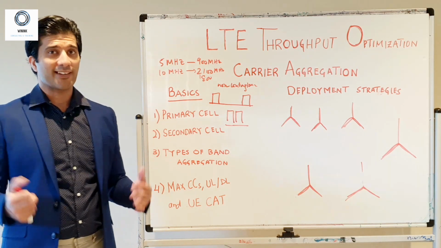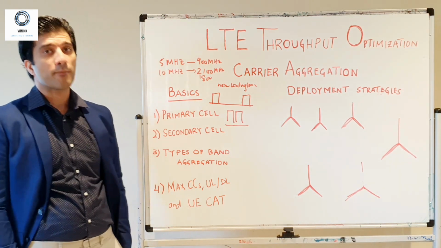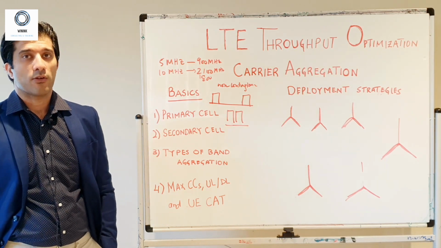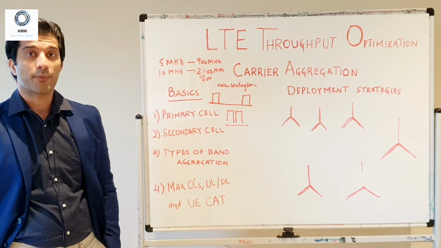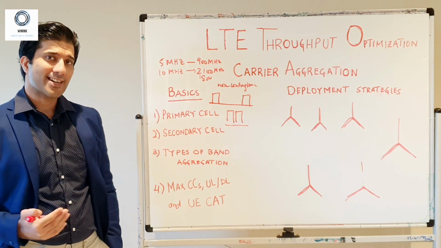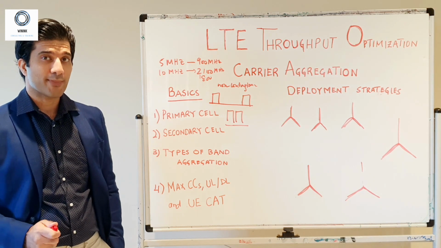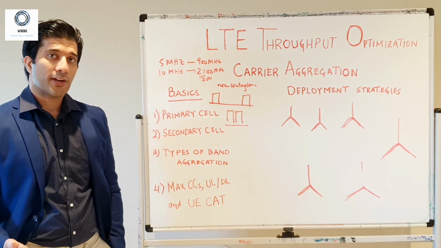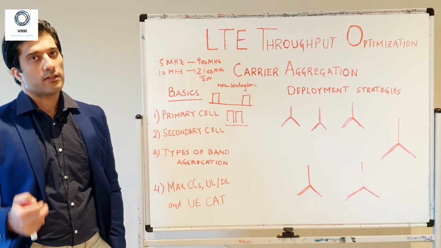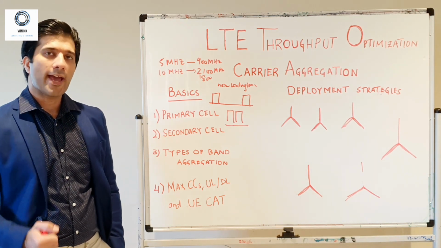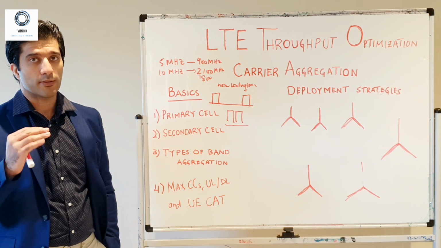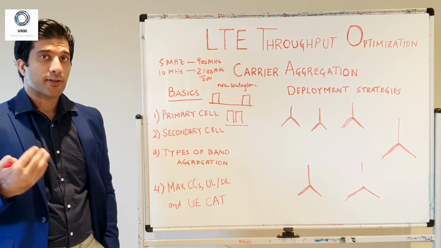And then UE category. UE category is an extremely important concept in terms of carrier aggregation, because not all of the UEs are capable of carrier aggregation. When the UE sends the attach request message to your particular network, it provides the information regarding its carrier aggregation capability, and there are certain combinations of bandwidth for carrier aggregation that are possible.